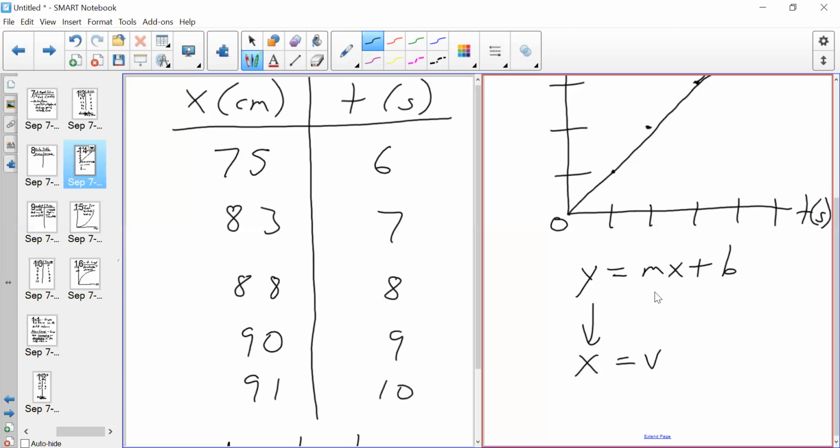We go from m to v, and then the variable on the x-axis is time. We don't say x, we put t. And there is no y-intercept. So in this case, the equation of this line is x equals vt. This is the physical equation of this line. No y-intercept. You can say plus 0, but leave it out.